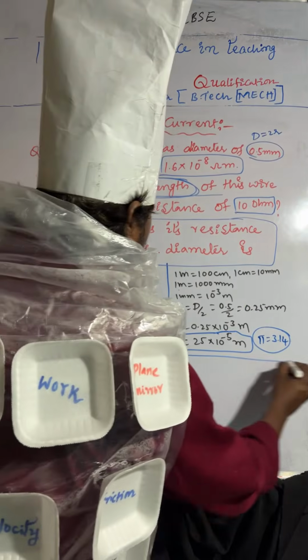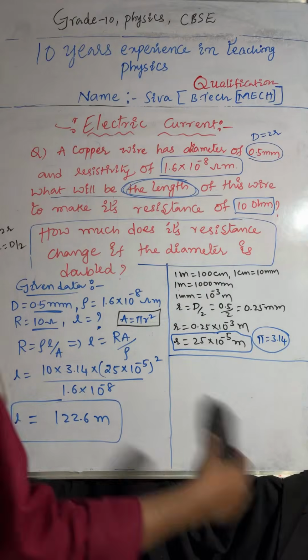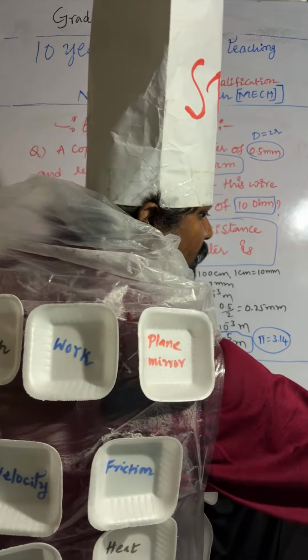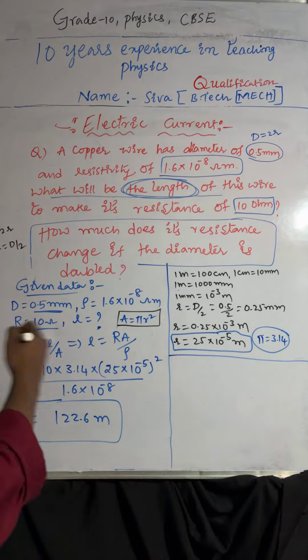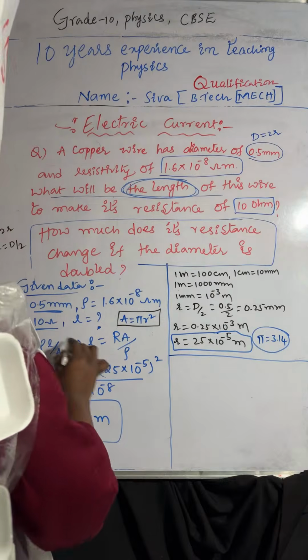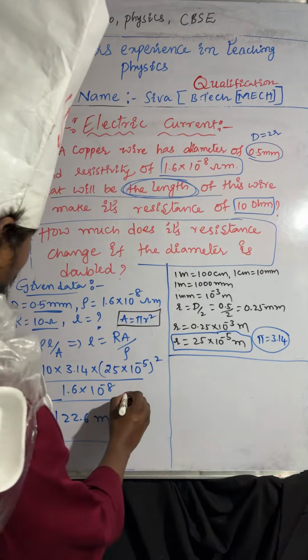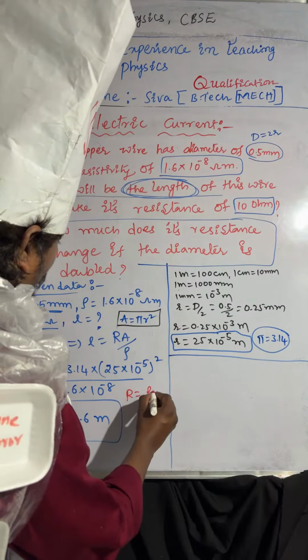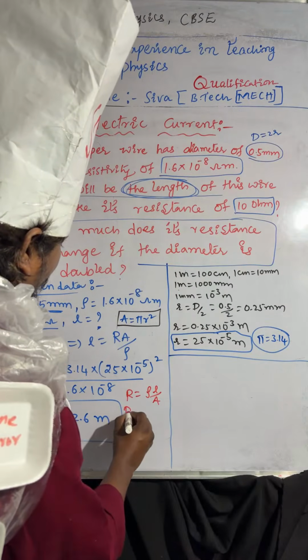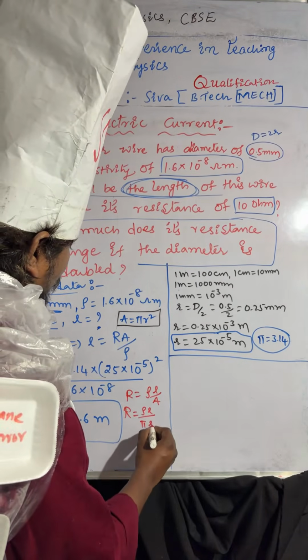Now from this formula we can check: R equal to rho into L by A, R equal to rho into L by pi r square.